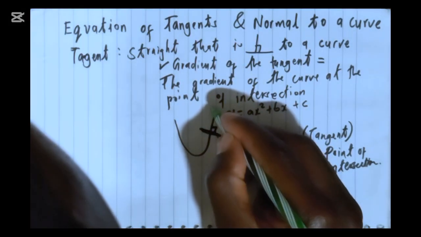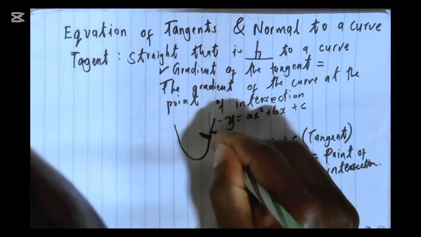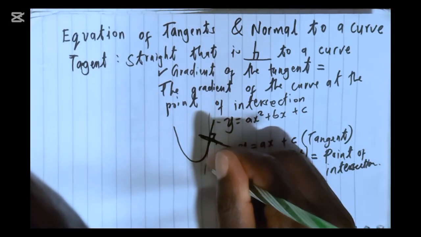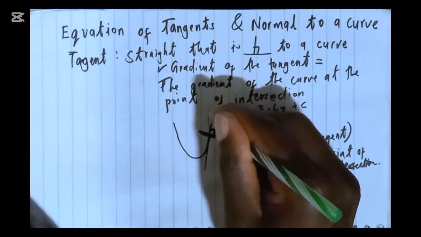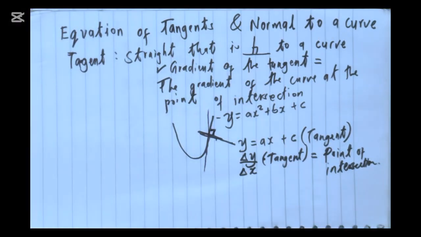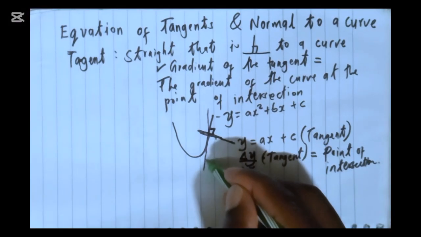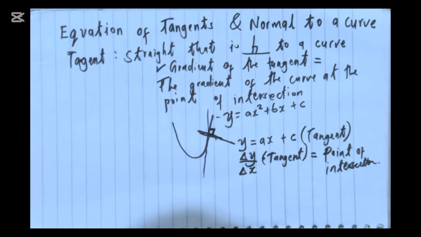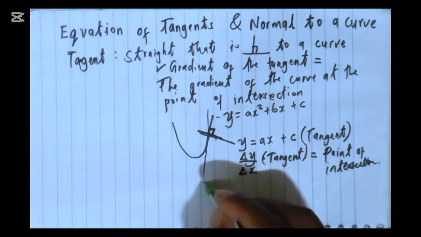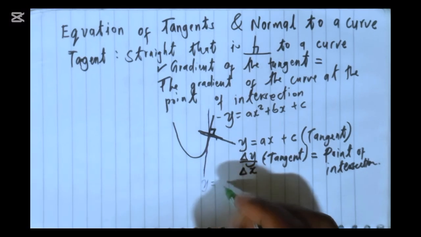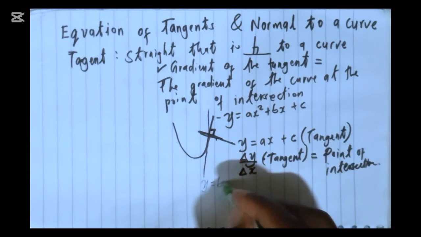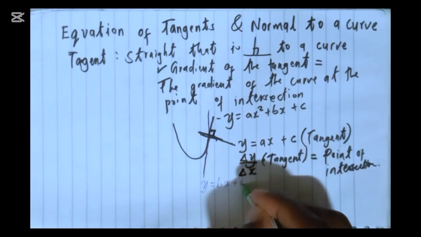If I have a line that I'm drawing here, I'm going to name this line y equals bx plus c.